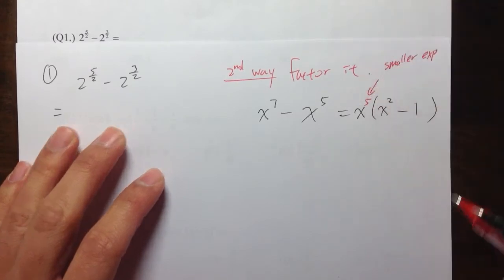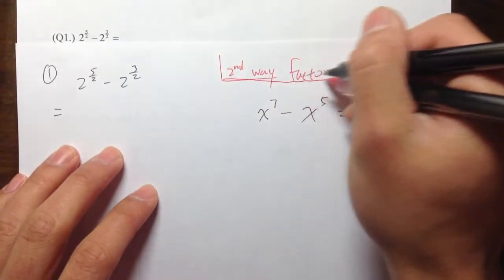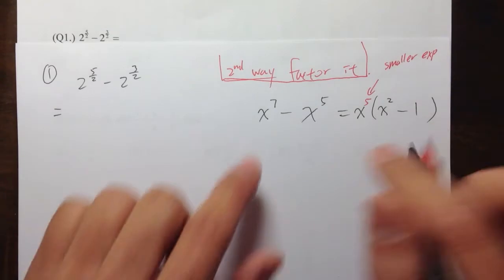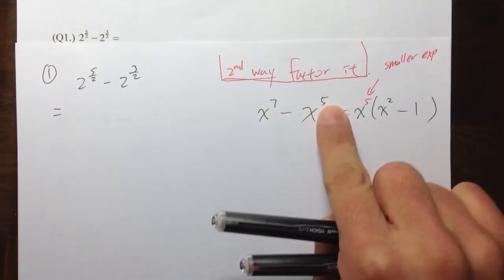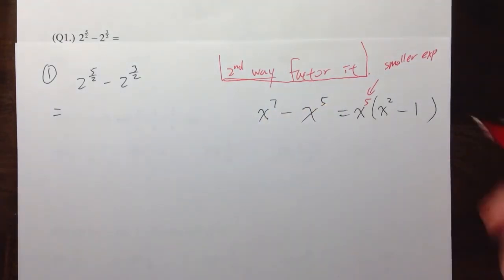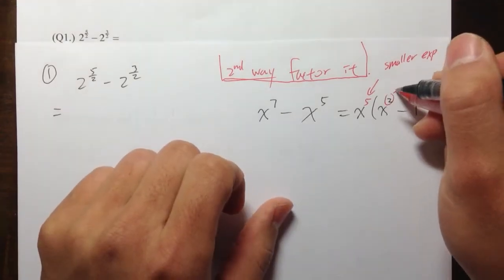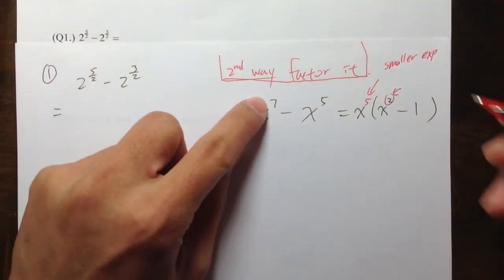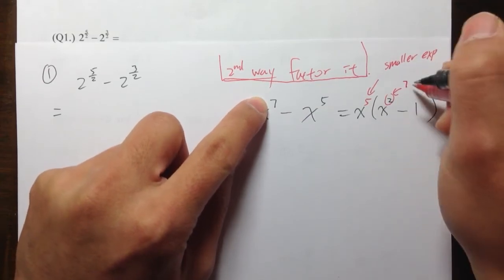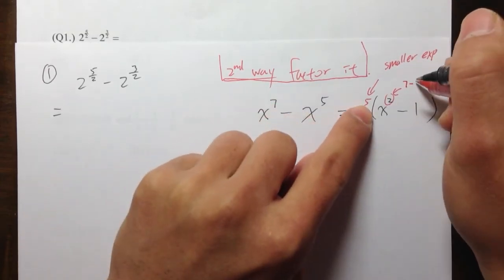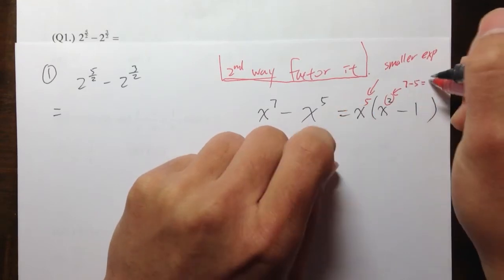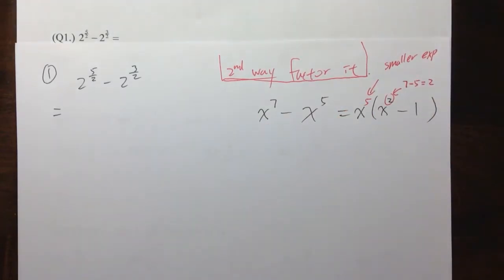So just write down the smaller exponent and then you box that. So the 5 is the smaller exponent between 7 and 5. And how did we get a 2? Well, originally you have 7. I can just minus the ones that we took out, which is 5. So 7 minus 5 is equal to 2. So that's how we get x to the second power.